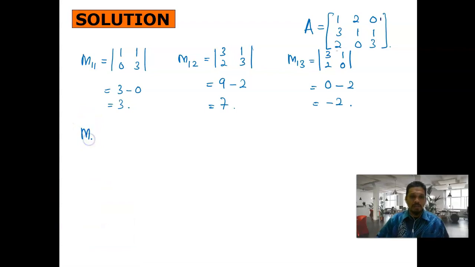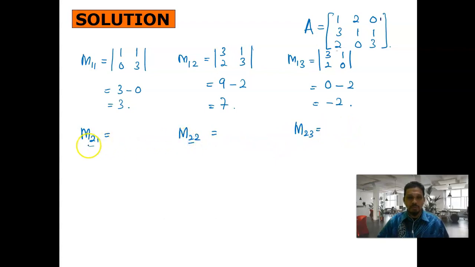Before that, we're going to find the minors of 2,1, 2,2, and 2,3, all with row number 2.